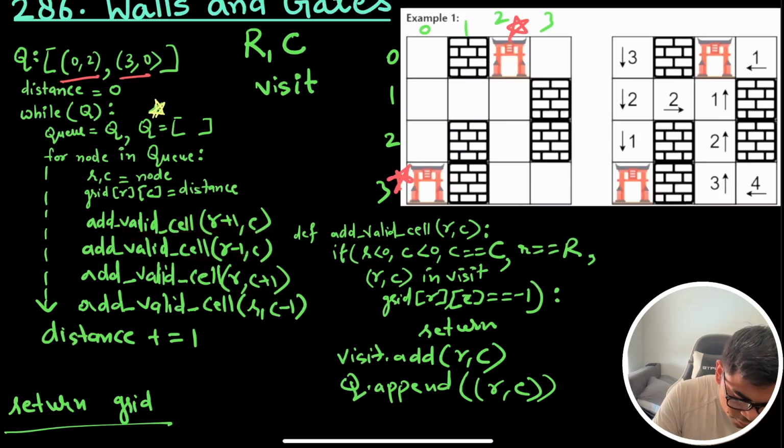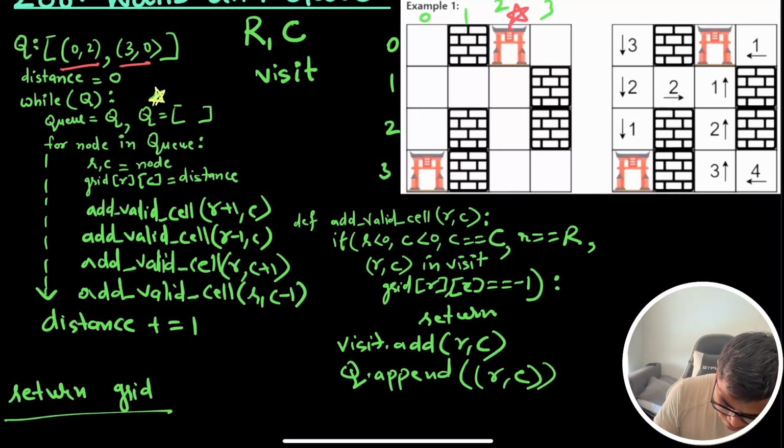So let's go over just one of the gates. Let's go over this gate. So this is 3. It's going to check all these neighbors. These two are not valid because they are out of bounds. This one is not valid because of -1, but this one will pass and it will be added to my visit, and then it will be added to my queue.